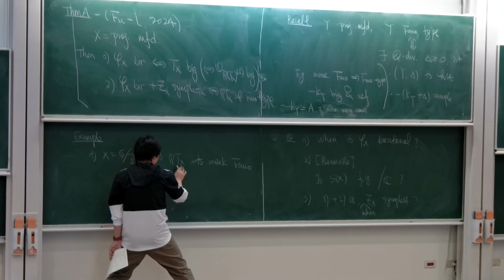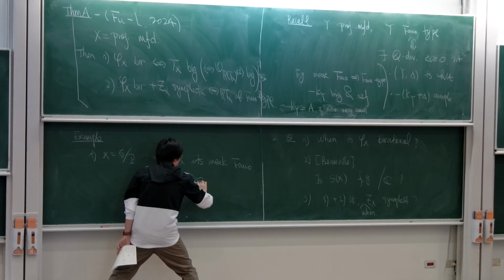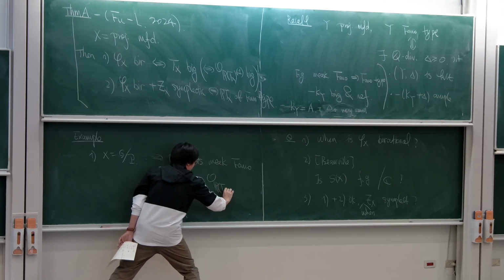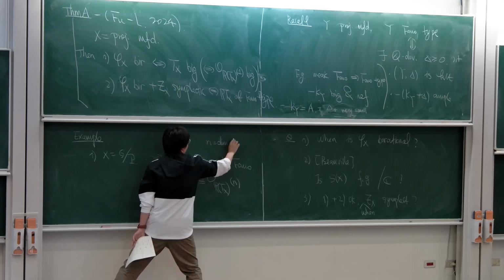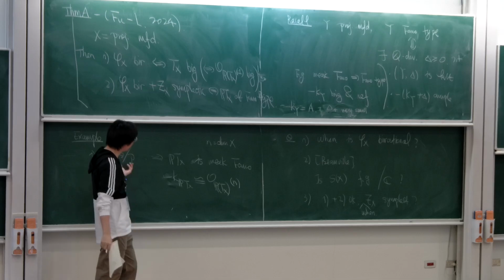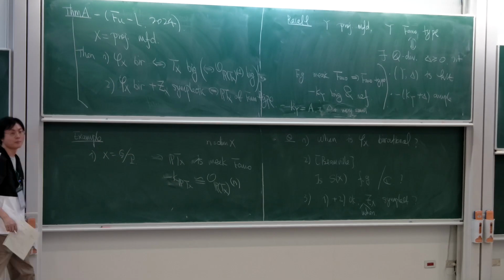Okay, because in this case you have O_P(1), minus K of P(T_X), because it's isomorphic to O_P(T_X)(n), n is the dimension of X. For a rational homogeneous space, this one is always big enough. So this is a weak Fano manifold.